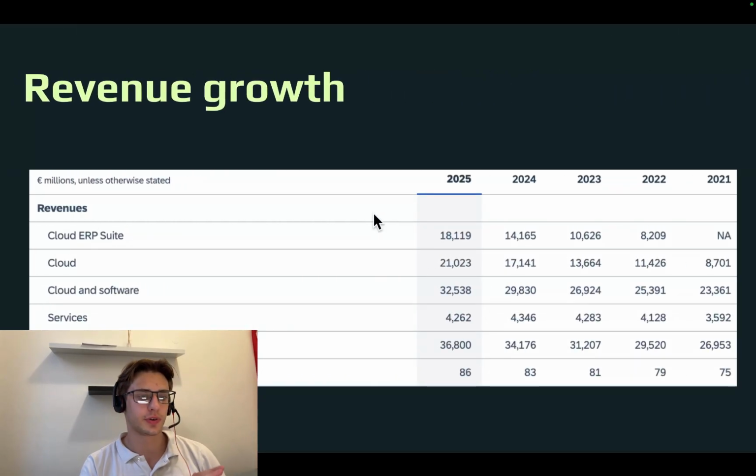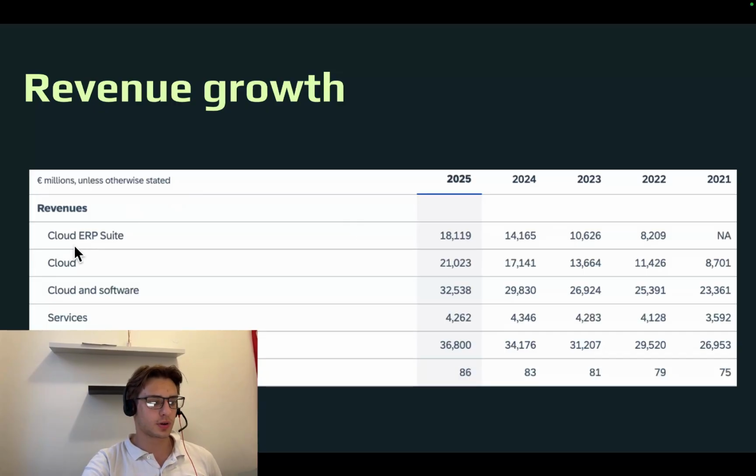First, let's look at the revenue growth. I downloaded the company's balance sheet, and here you can see Cloud Enterprise Resource Planning Suite, Cloud and Software. It's basically different services that SAP provides. But I'm going to look at total revenues from 2021 to 2025, and I can see that it has been steadily growing 2-3 billions every year.